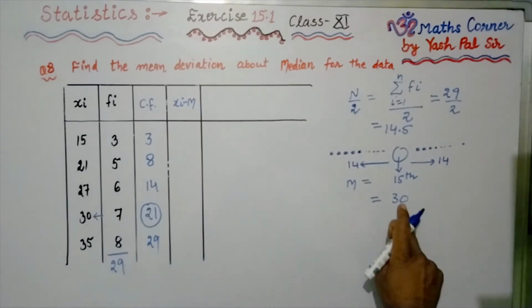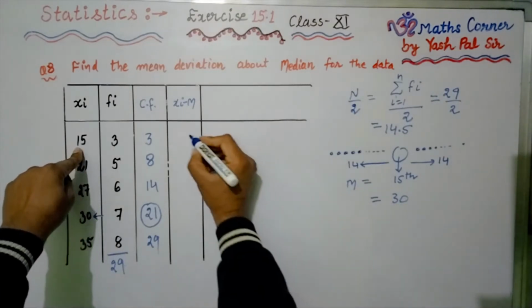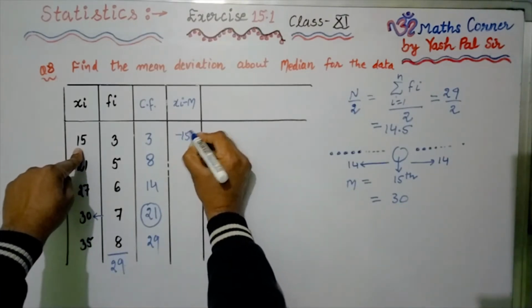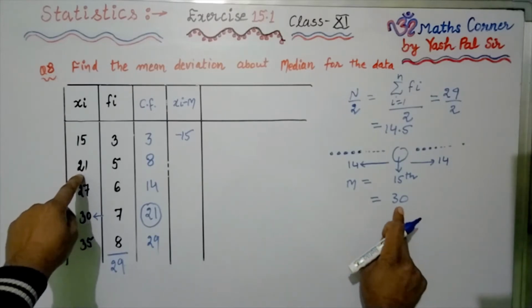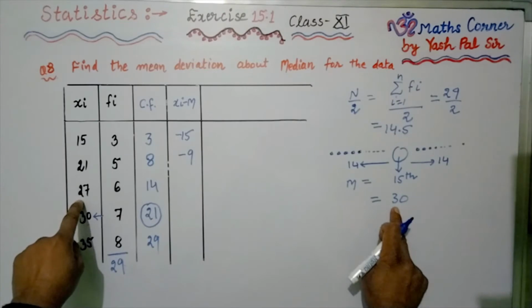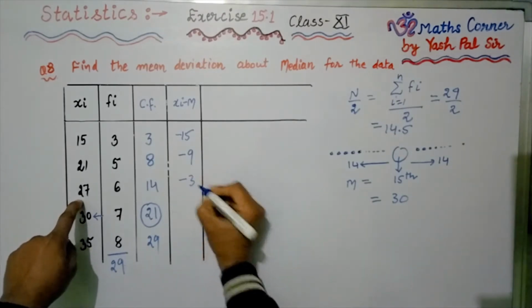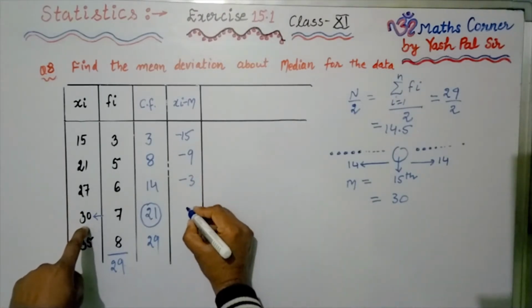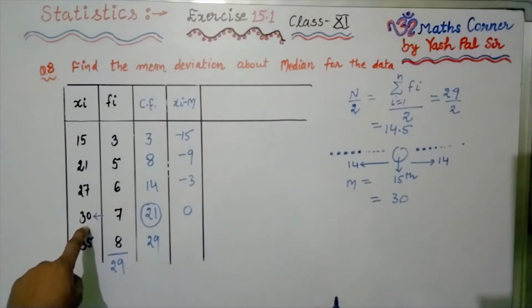M means median. Median is 30. 15 minus 30, this is minus 15. 21 minus 30, this is minus 9. 27 minus 30, minus 3. 30 minus 30 is 0, right?